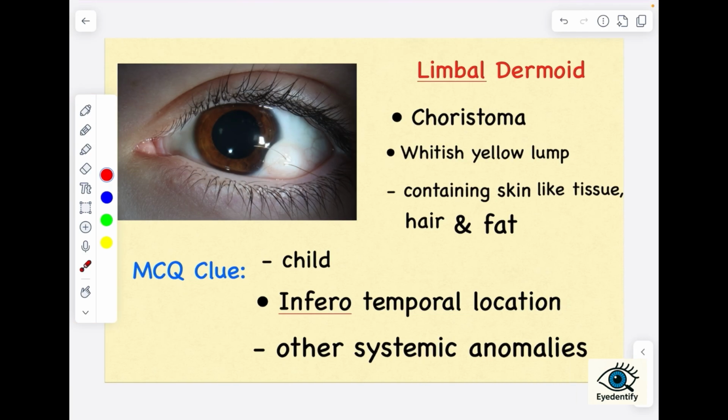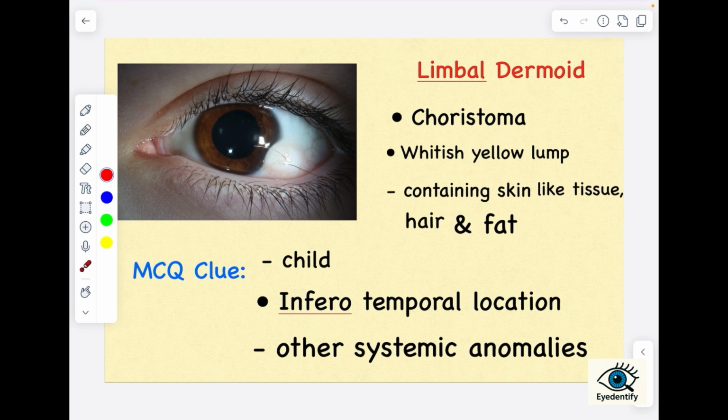Next and most important one is dermoid, also called limbal dermoid. It is a choristoma. Choristoma means normal tissue at an abnormal location. What is the normal tissue? A skin-like tissue, with hair and fat inside it, but it is at the limbus, which is an abnormal location.